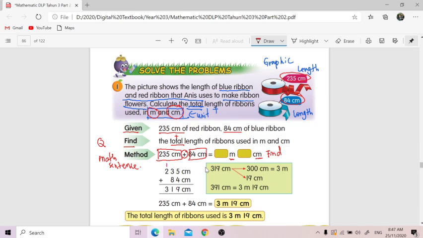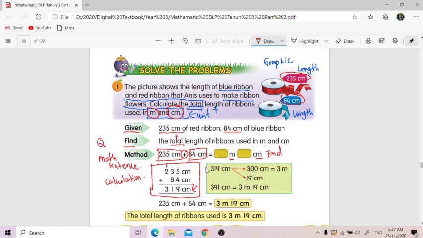So after doing the mathematics sentence, students can do the calculation. So calculate according to the math sentence, berdasarkan ayat matematik. When you do the addition first, dua-dua ni adalah bentuk sentimeter. Can you recognize this one?